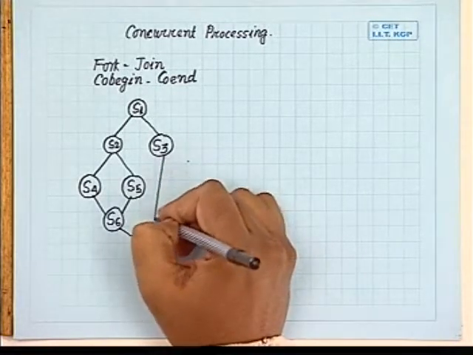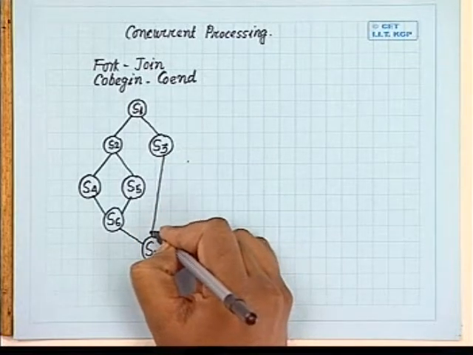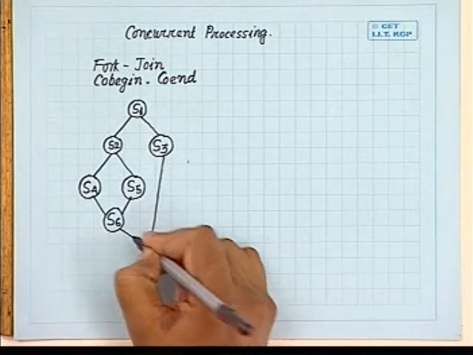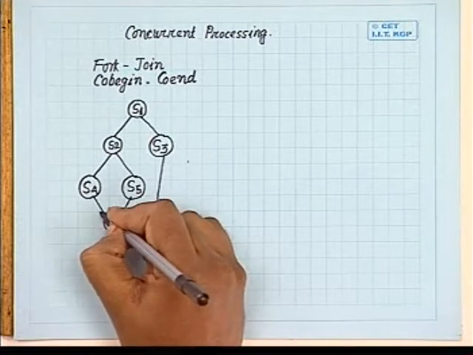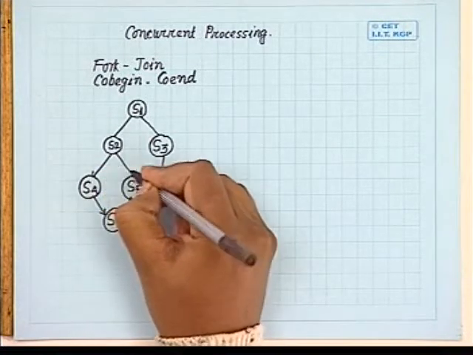This is one of the precedence graphs that we considered for writing a concurrent program using the fork join structure.